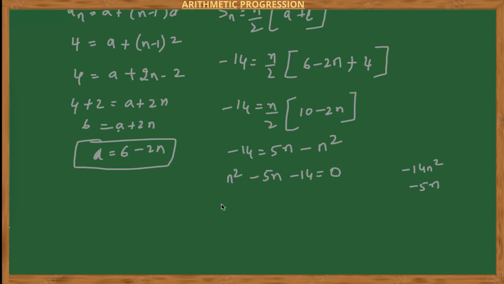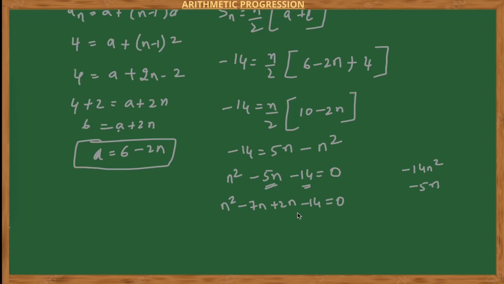So the factors would be n squared minus 7n plus 2n minus 14 is equal to 0. If you multiply 7 into 2 it becomes 14, minus 14. When you add, it becomes minus 7 plus 2n, which becomes minus 5n.